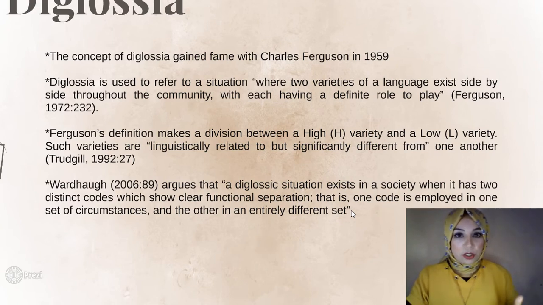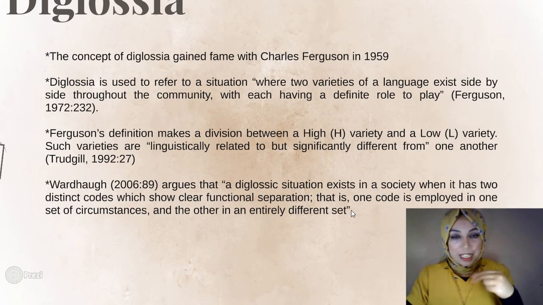In some circumstances, situations, contexts or conditions we can use only one code but not the other, or if we use the other variety in this context, it's going to seem, let's say, inappropriate. So in this case he states that the diglossic situation refers to the existence of 2 varieties of the same language.